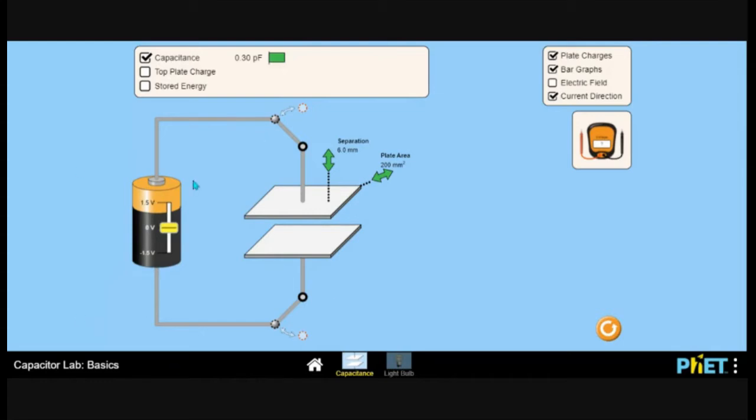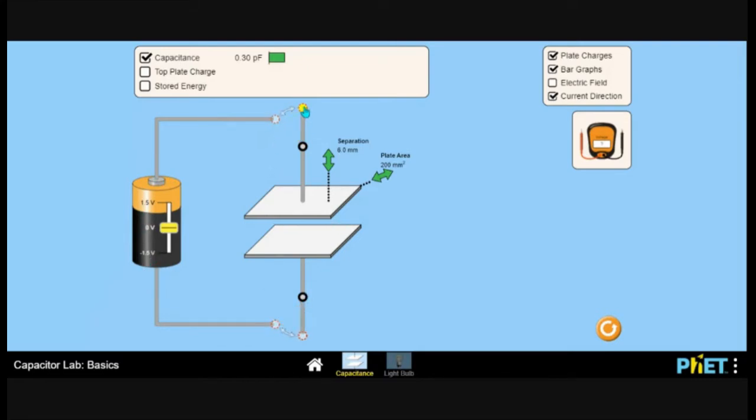And capacitance, as defined, is the amount of electric charge present with respect to the electric potential applied to the two plates. So we have here the positive side of the battery and the negative end of the battery, which are connected also to the two plates.